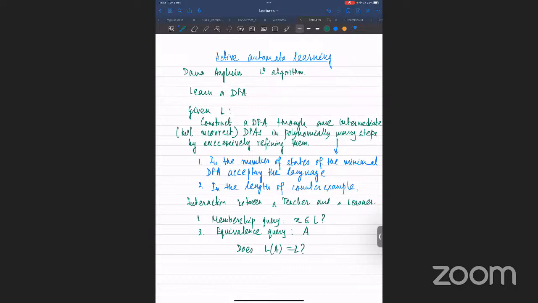The teacher gives a yes, no answer for the membership query. Here also, if it is indeed true, the algorithm terminates. If it is no, then the teacher provides a counter example.